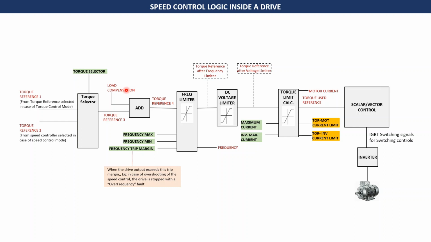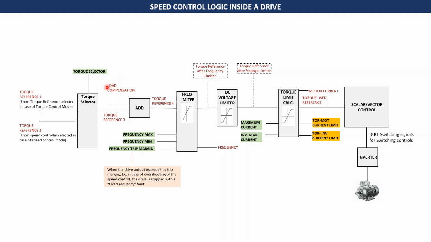In applications where you have a lot of weight added to the motor, let's say in the case of rolling a steel coil, the coil has a lot of weight, and when you are accelerating or decelerating the motor, you want to compensate for the additional weight. So that is something that is sent from the automation as load compensation.